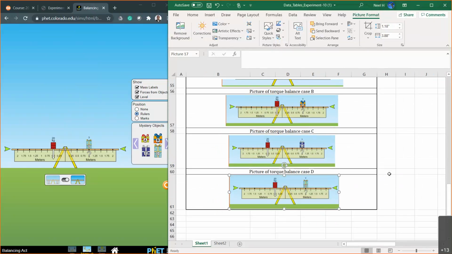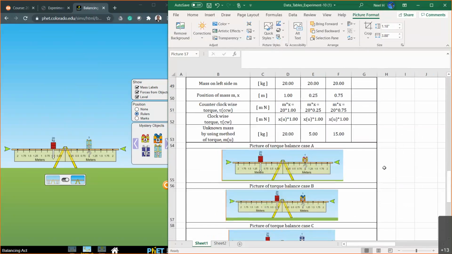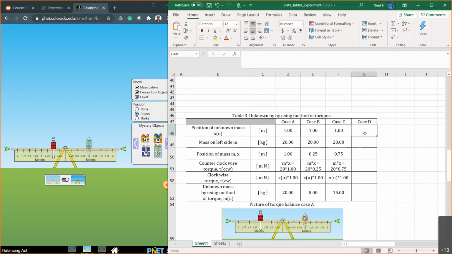All right, so let's do that calculation. What we have, the position of the unknown object D, we're going to keep it at the same position, 1 meter, mass known 20, and when it is level, the position is 0.5 meters. In terms of the two formulas we're working on, left-hand side 20 kilograms times 0.50 should be equal to the mass of U times the position of XU.